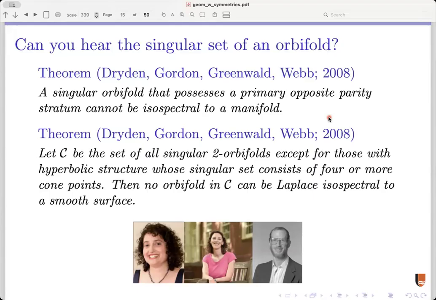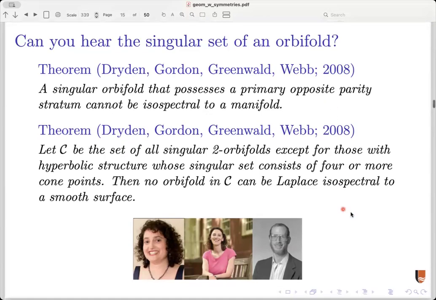So what does this mean? So the waffle cone is a two-dimensional orbifold, but it has a one-dimensional singular stratum, all of the mirror points right there. So they're saying that a one-dimensional stratum has opposite parity to a two-dimensional orbifold. Thus, that will never be isospectral to a manifold because of this mismatch of the parity of the stratum to the dimension of the orbifold.